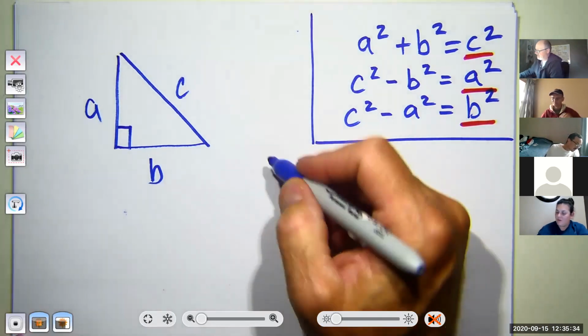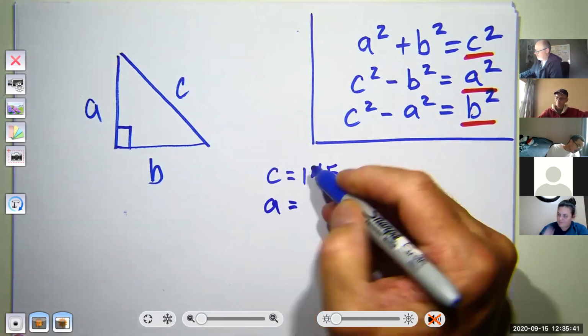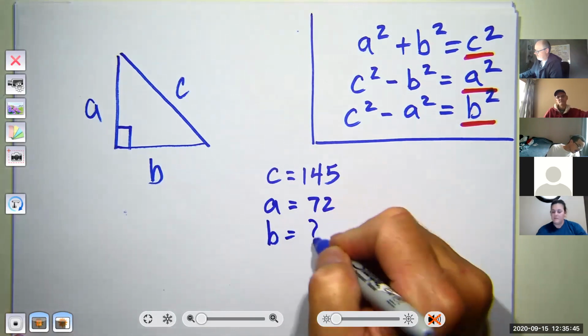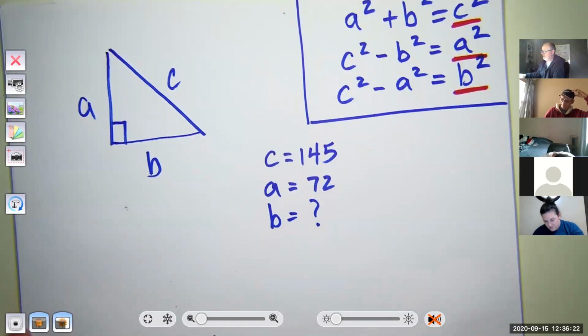Okay, here's the example. Take a minute, solve for B. You're typing in your last letters.